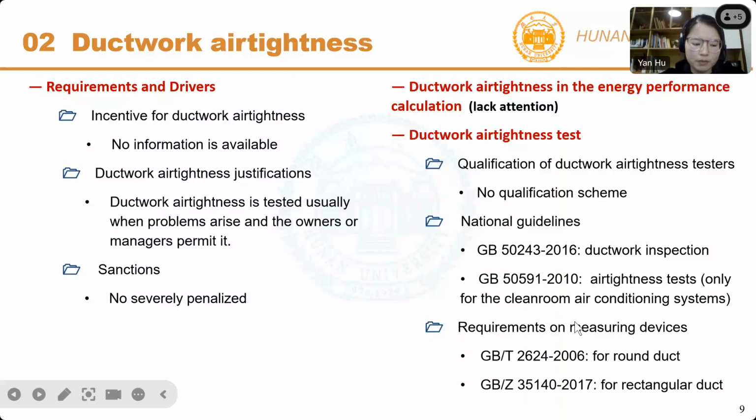There are no specific requirements for measuring devices, and it is recommended to use measuring devices and components manufactured in accordance with the current national standard.